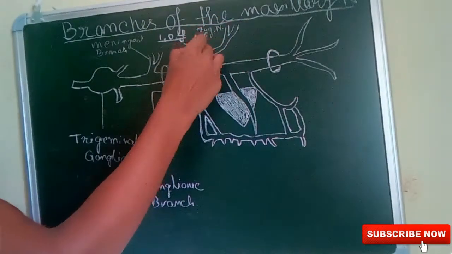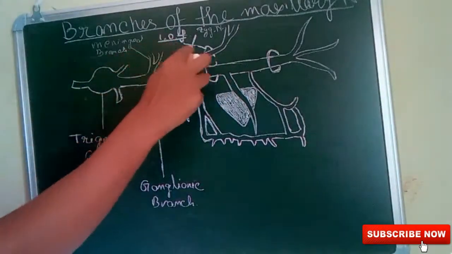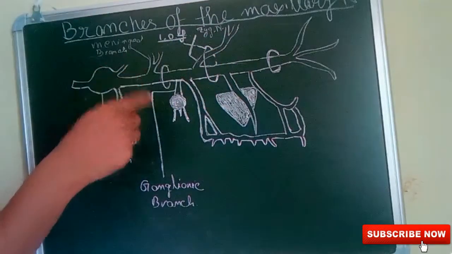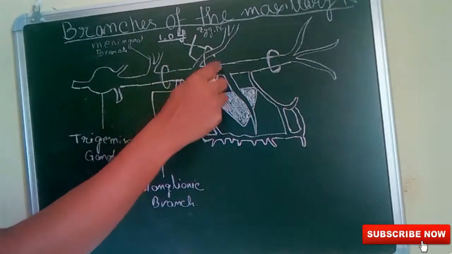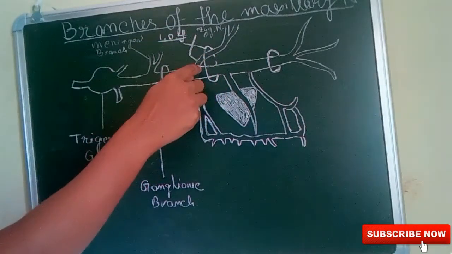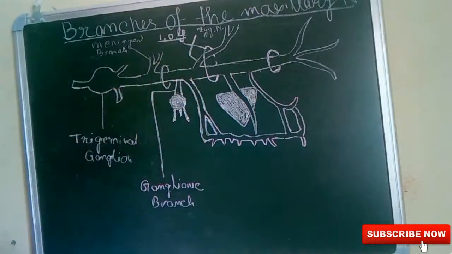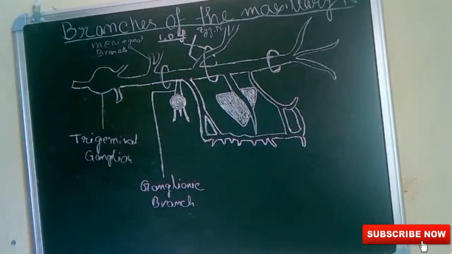Now the zygomatic nerve enters the orbit through the inferior orbital fissure. This is the inferior orbital fissure. It enters the orbit and divides on the lateral wall of the orbit into two branches, that is zygomaticotemporal and zygomaticofacial.